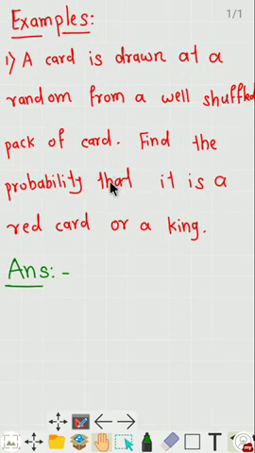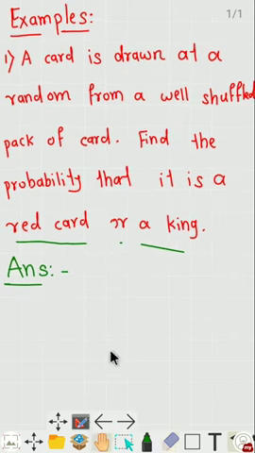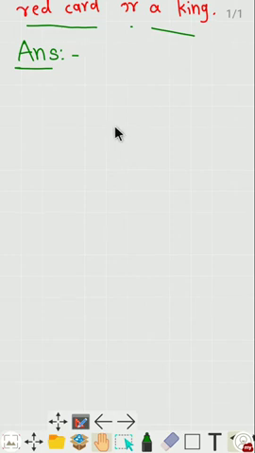Find the probability that it is a red card or a king card. As we have to draw either a red card or a king card, we have to use the addition theorem here. So first of all, we write all the given things.